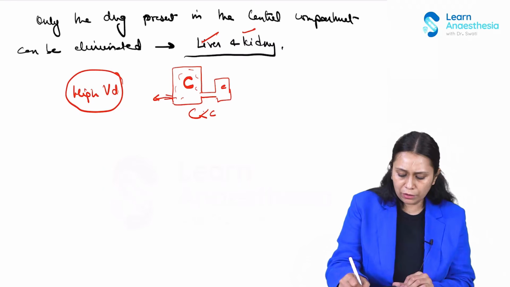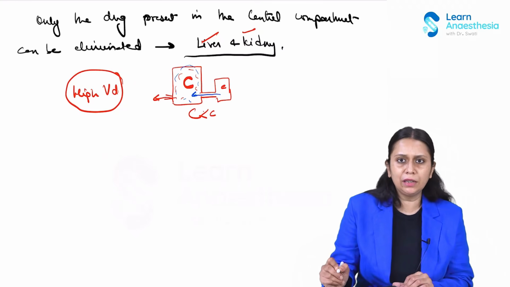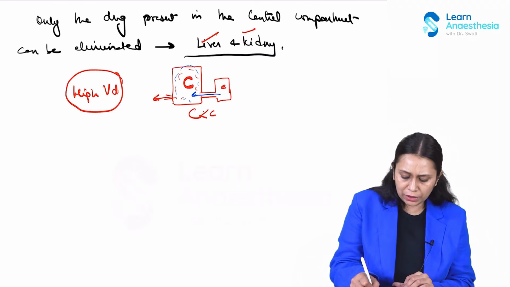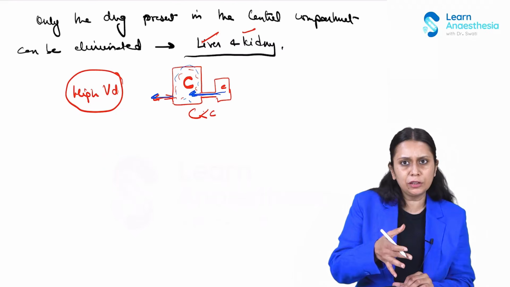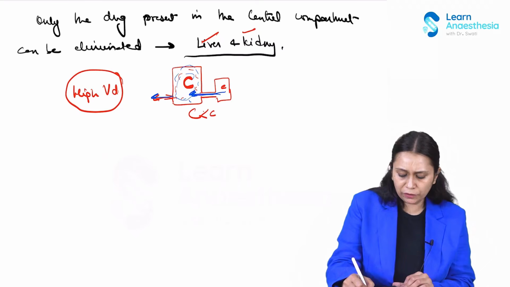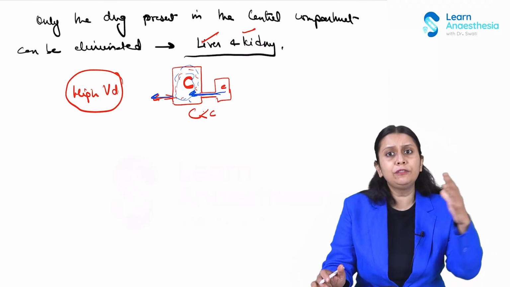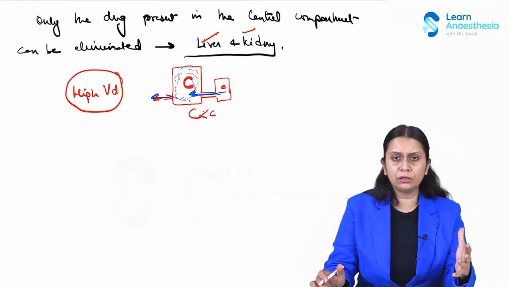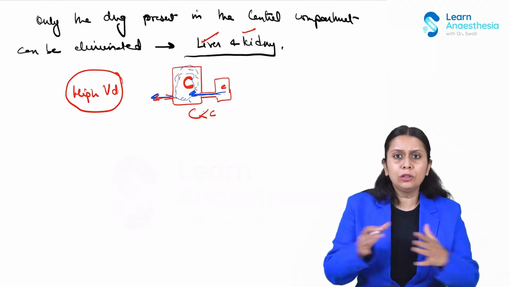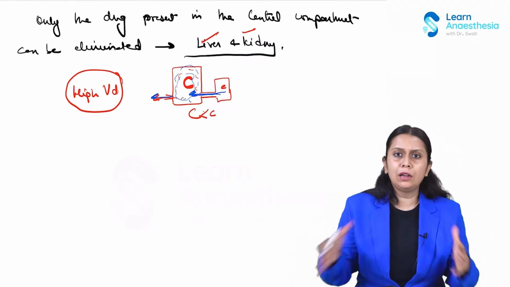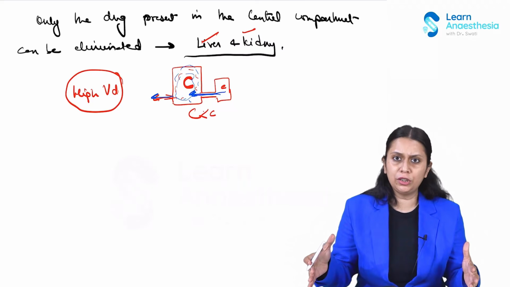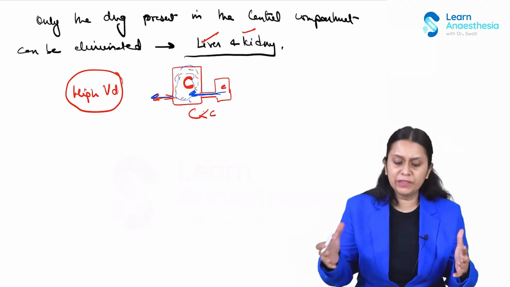So more drug from the peripheral compartment moves to the central compartment and tries to maintain the concentration of drug in the central compartment. Now more drug is eliminated, again more and more drug moves from peripheral to the central compartment. Again the concentration of the drug in the central compartment is maintained. So the time taken to achieve that 50% of the concentration would be longer. So the larger the volume of distribution, the larger would be the half-life of the drug. More time, more would be the half-life.